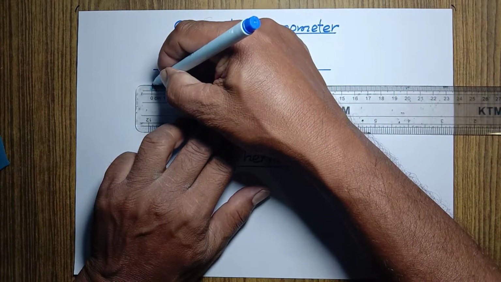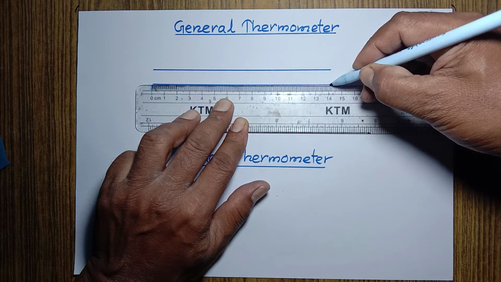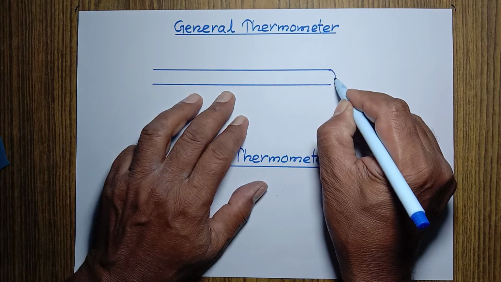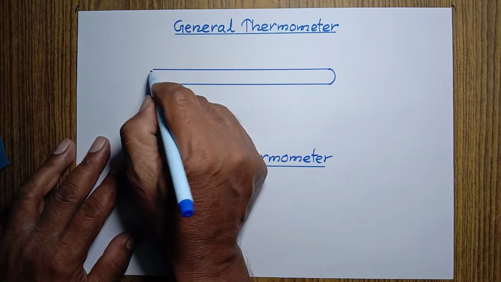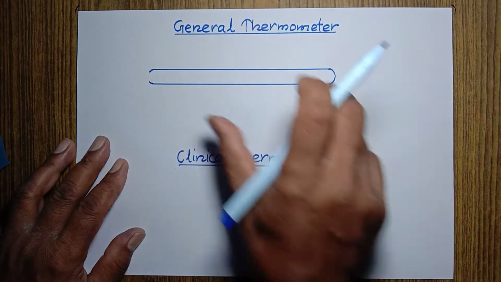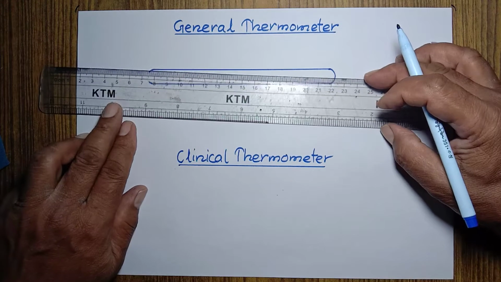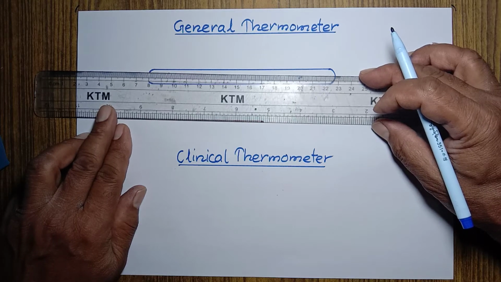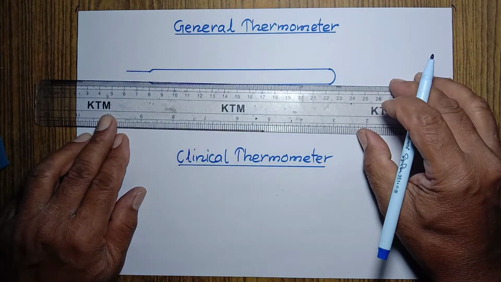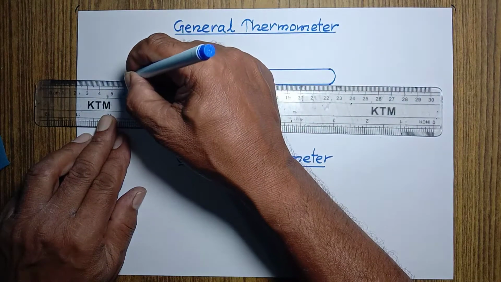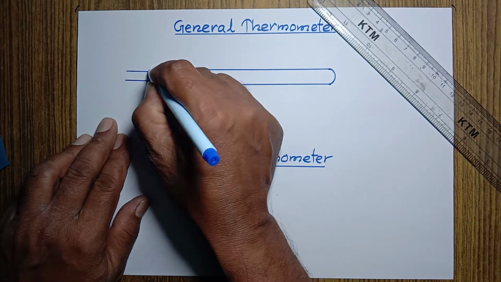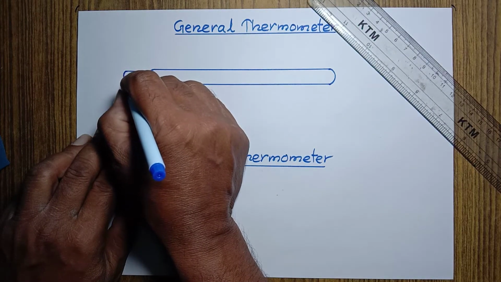There's another part, and this thermometer has two parts. We all know this is the long stem. The other one is the glass ball. That's why I'm drawing these two parts. This is the glass ball.